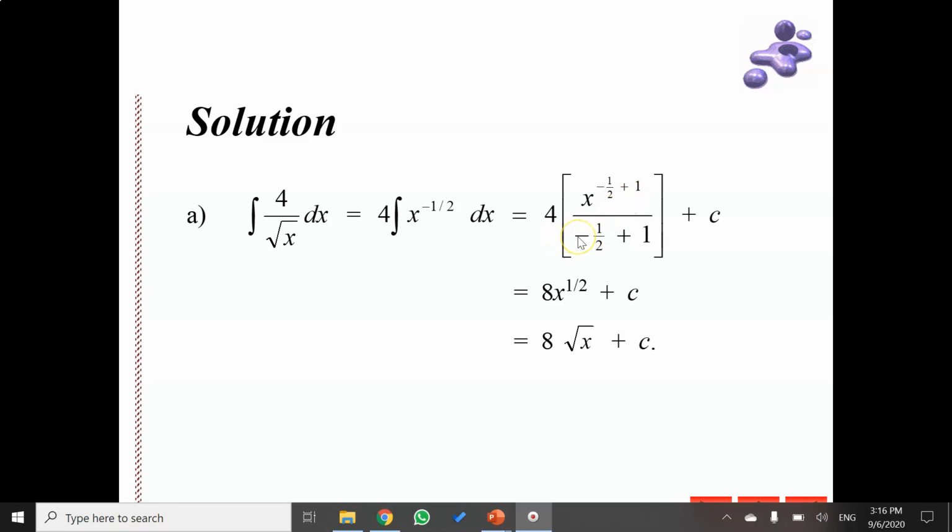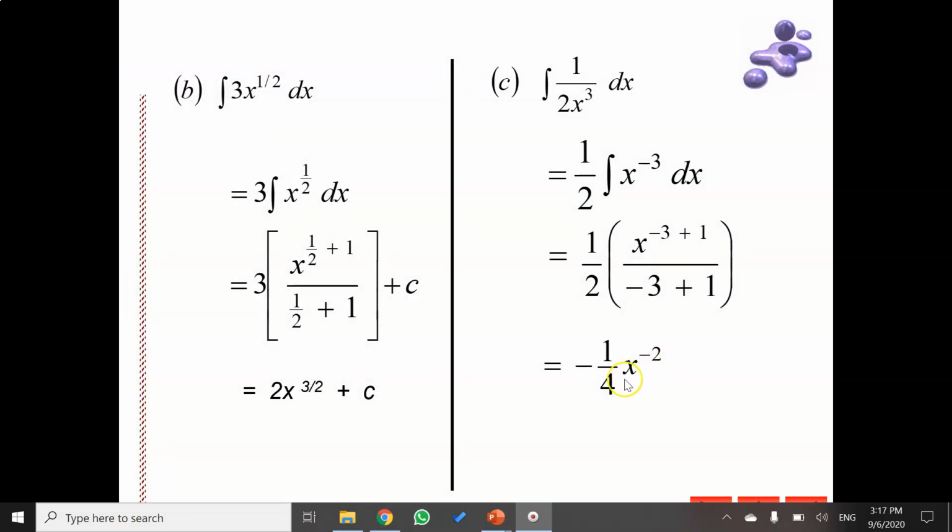So you divide by negative half plus 1, and then don't forget to add c. You expand this and you will get 8x to the power of half plus c. Again, don't forget to change x to the power of half back to the square root of x plus c. That's it.